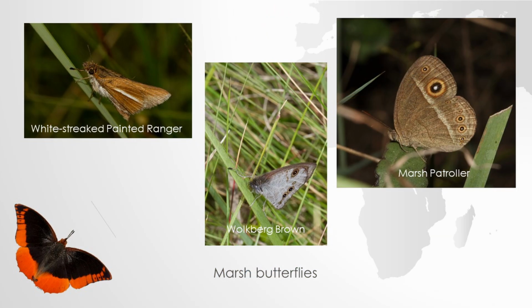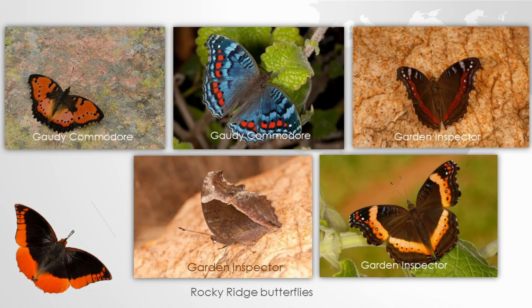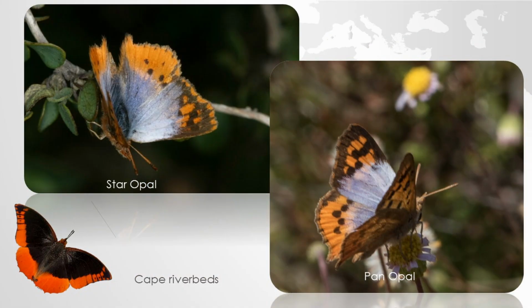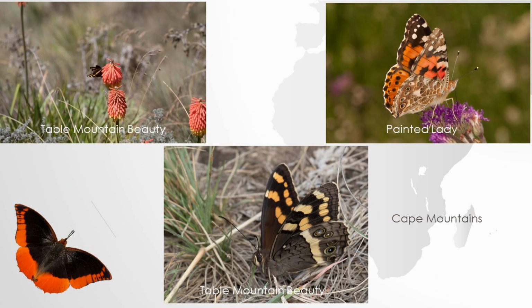Some butterflies prefer marshy areas, and almost any rocky ridge is adorned by one of the commodores. In the Cape, the opals often patrol dry riverbeds, and on higher mountains, the Table Mountain Beauty or a Painted Lady always offer a spectacular sight.